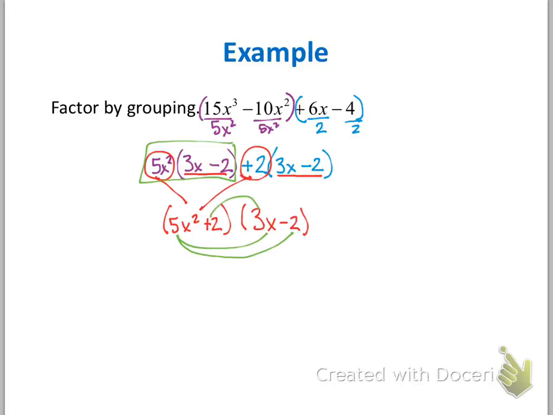And I would do 2 times 3x and 2 times negative 2. That's what this says. So this here is just another way of writing a FOIL problem. So your final answer, let's erase all that extra mess. Final answer is this. Let's try another problem.